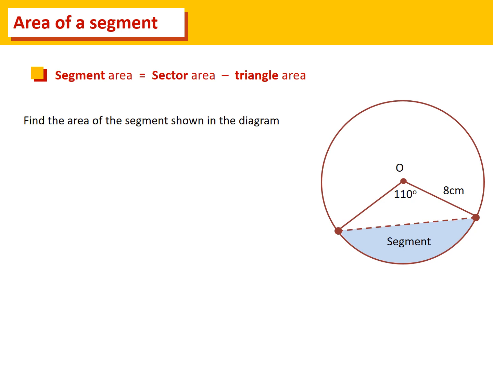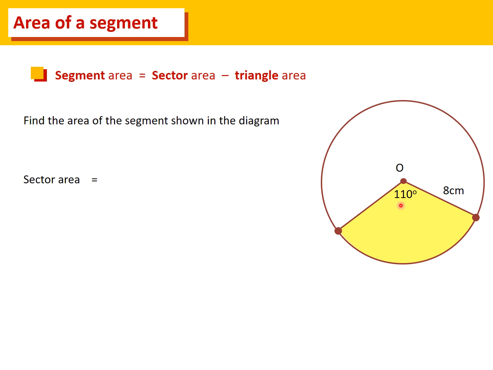The formula we need is at the top of the screen there, that the segment area is the sector area subtract the triangle area. So we have our blue segment that we're trying to find the area of, that's on the screen. But in order to find that, we need the sector area. Now the sector is a fraction of a full circle. And that fraction is determined by this angle here at the centre called the sector angle.